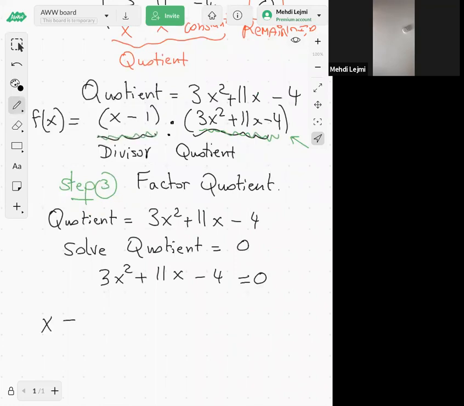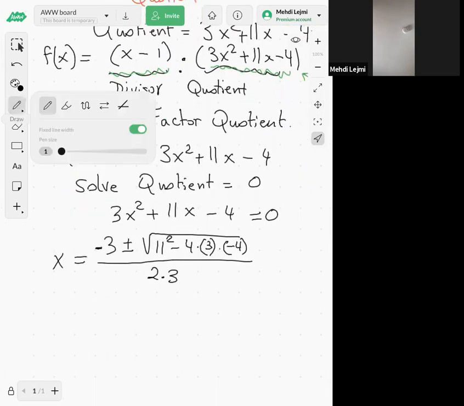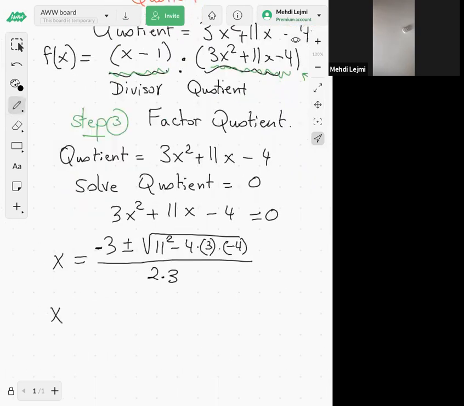So anyway, if you decide to solve the quotient equal to 0, then the solutions using the quadratic formula, that's minus b plus or minus square root of b squared minus 4 times a times c, over 2a, right? So then your x would be negative 3 plus or minus square root of, so 11 squared, that's 121.